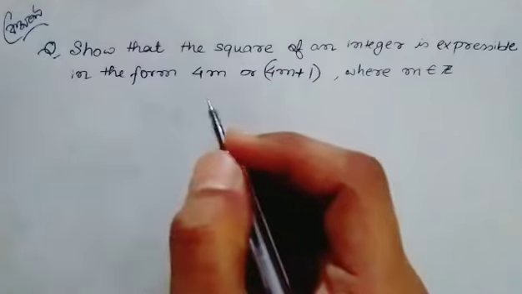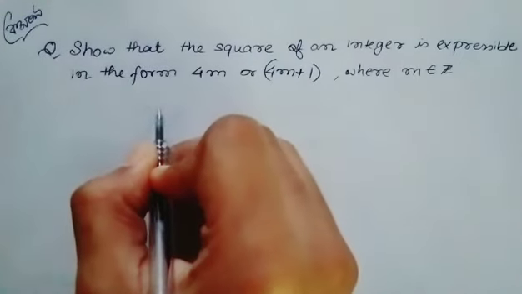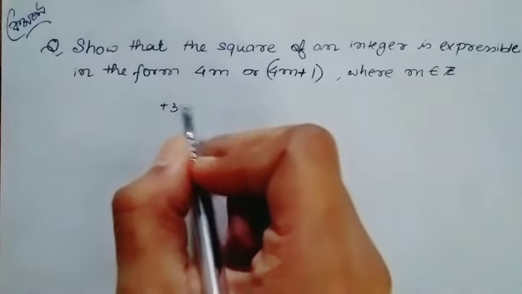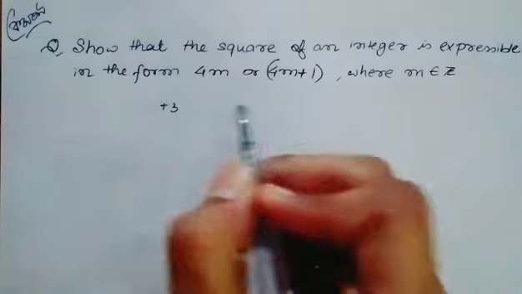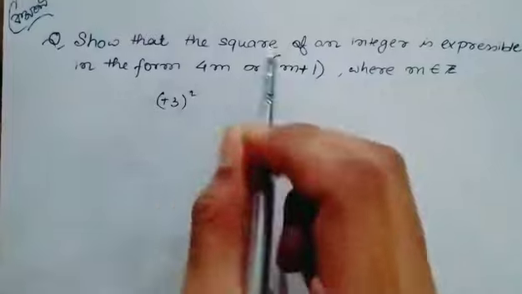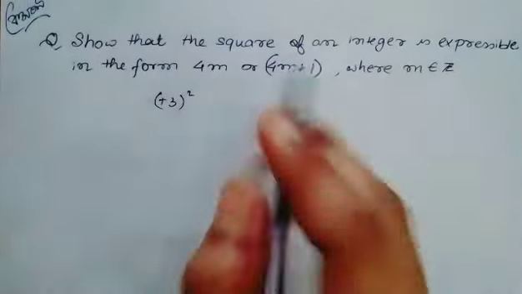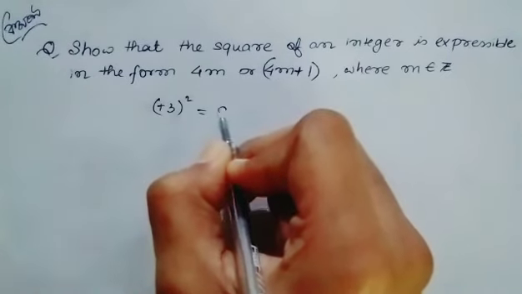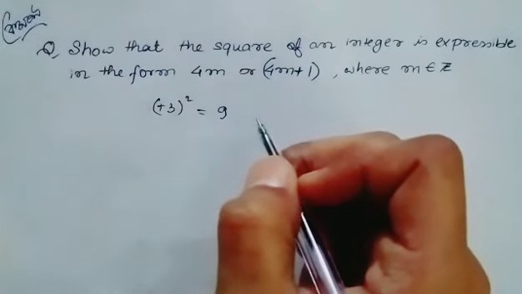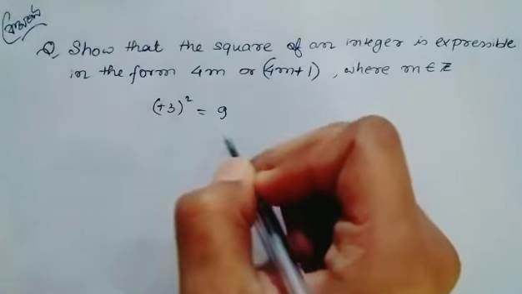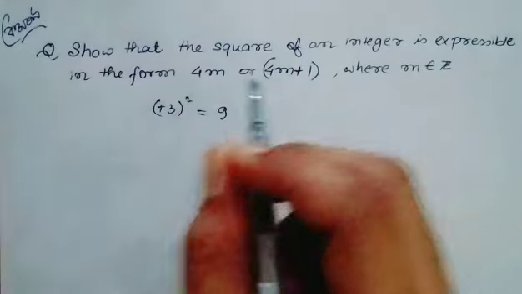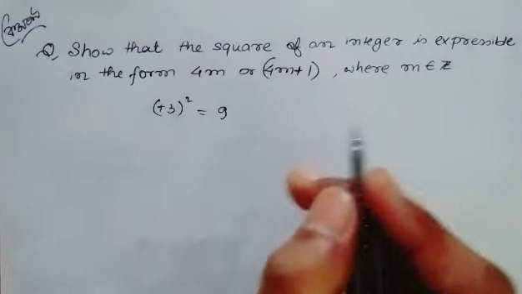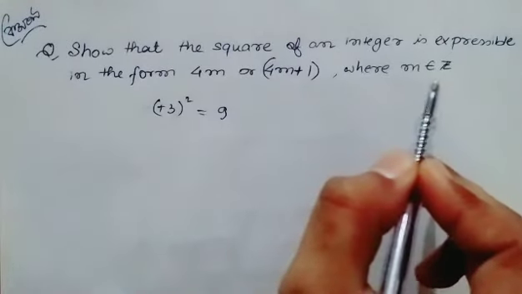So let us consider any integer, for example, plus 3. If we square this number, the square of an integer, 3 square is equal to 9, right? Then you can express 9 as either 4m or 4m plus 1, where m belongs to integer.